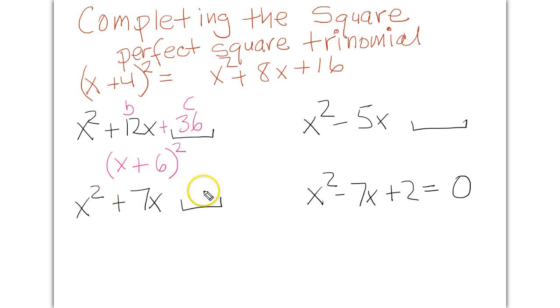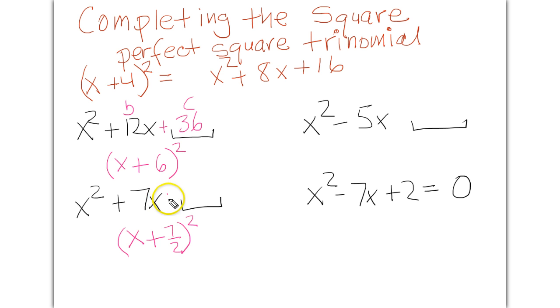Okay, we have it in its form. Set of parentheses. The middle sign goes here. And we have x squared, so this is going to be x. Now, when we have a number like this and we're taking half of it, just divide it by 2. So that would be half of 7, 7 divided by 2.